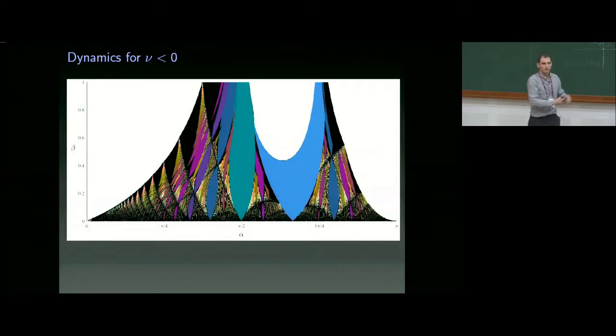So this is a numerical simulation indicating what the dynamics are. I've got the parameter alpha on the horizontal axis, parameter beta on the vertical axis. So the colored regions are where there's a stable periodic solution.